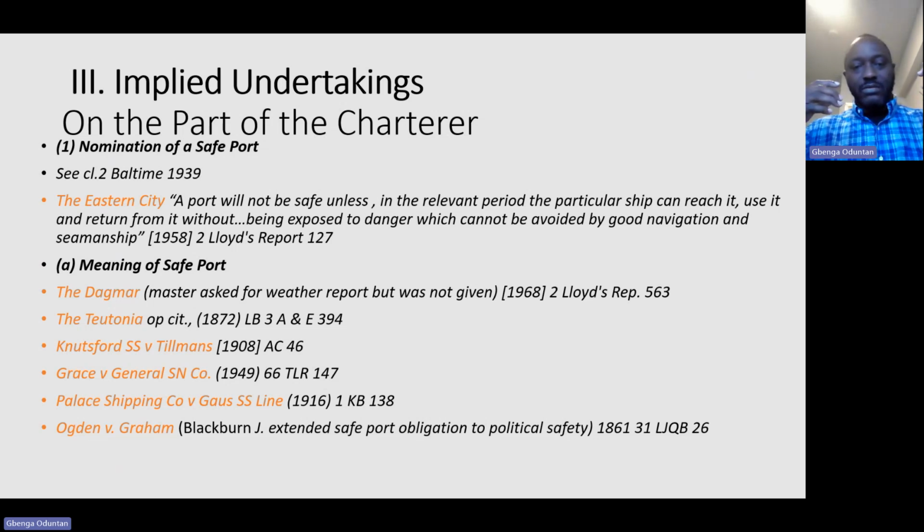It includes places where the politics has changed and made it unsafe. It includes places where wars have broken out. It includes places where strikes are on. Whatever it is that makes it unsafe for the ship. Hence, in the case of the Eastern City, the decision was made that a port will not be safe unless in the relevant period, the particular ship can reach the port, use the port, and return from the port without being exposed to danger. That's the definition of a safe port.